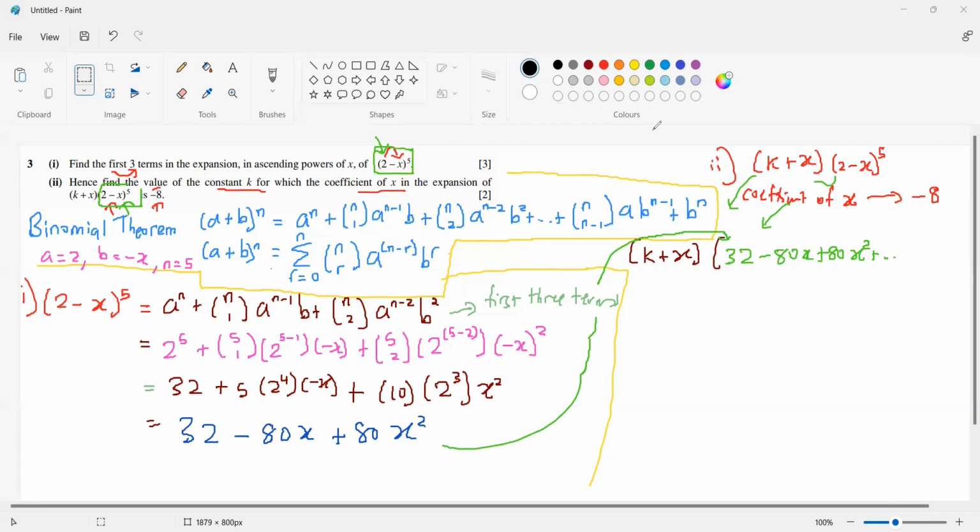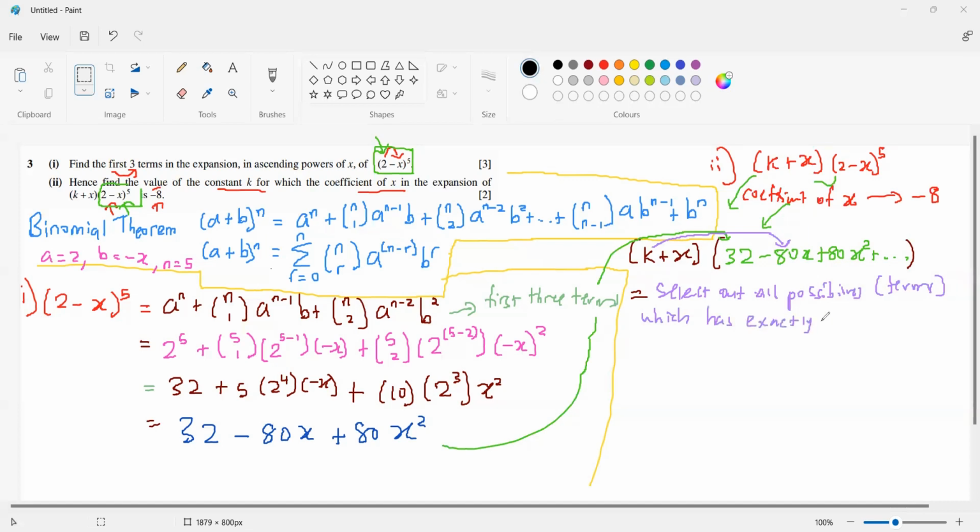But the blah, blah, blah is not just any random term. It's powers of x with 3 and above. So imagine you want to get x. We can do this with a bit of reasoning instead of memorizing a technique. So the one with the x will be this times this. So select out all possibilities for the terms which form x, which has exactly x only.